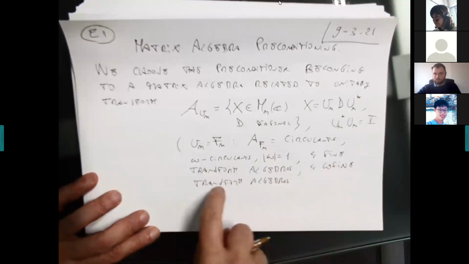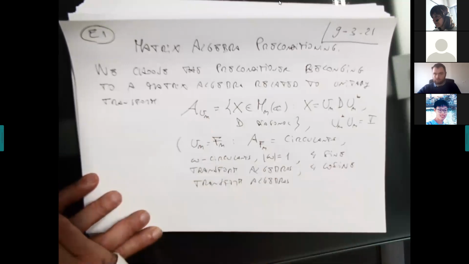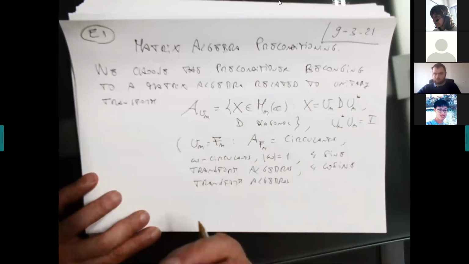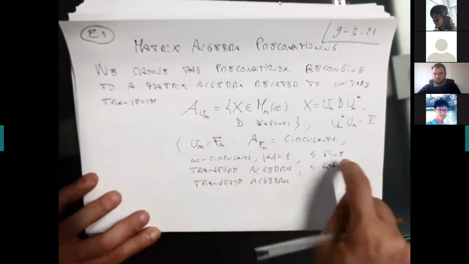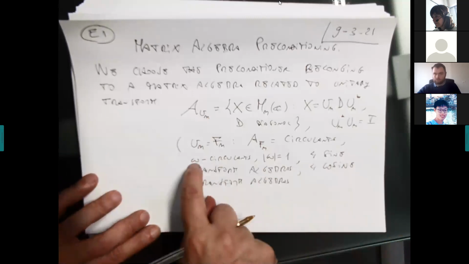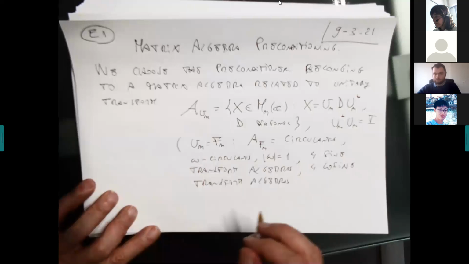In all of these algebras, the only thing that changes is the UN. UN is a specific matrix, which instead of being related to the Fourier functions is related to sine functions, cosine functions, or some modification of the Fourier by some parameter omega.